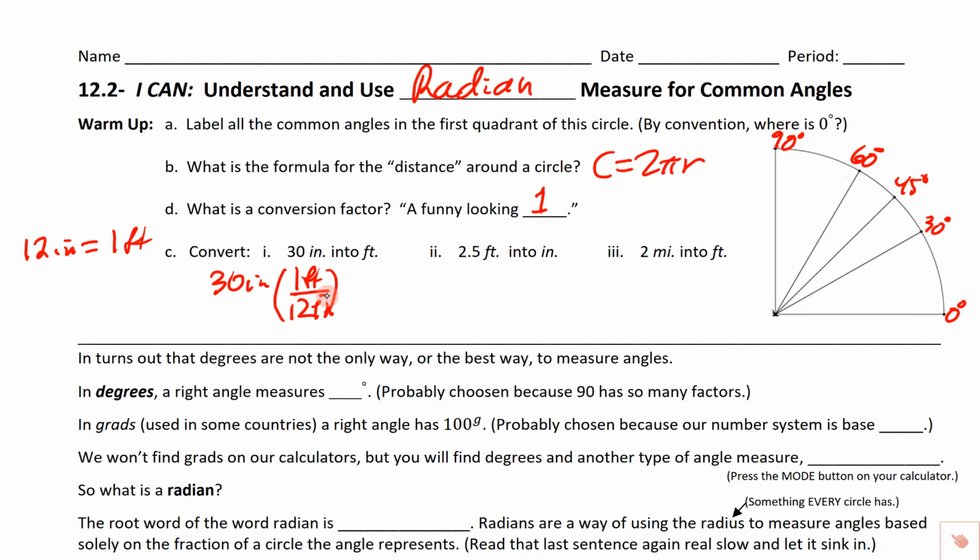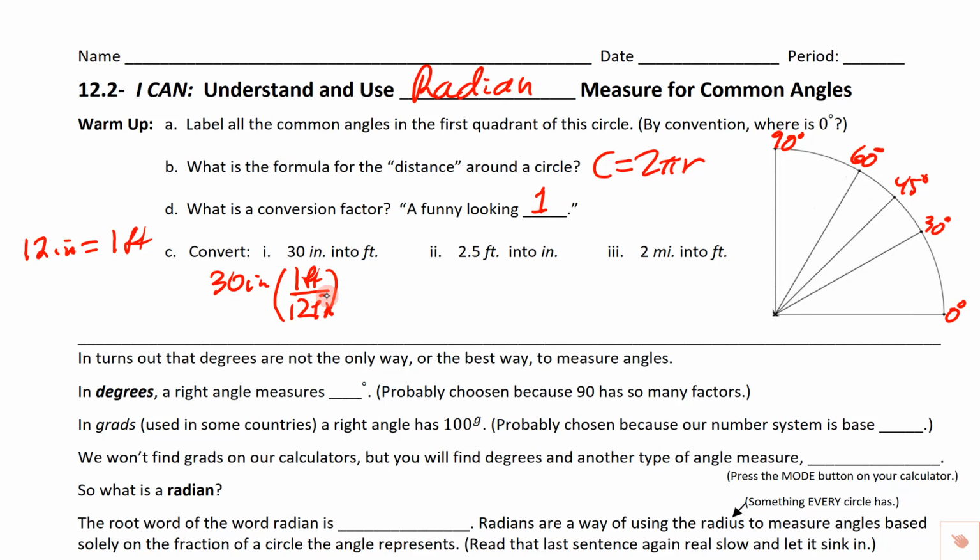And now I want you to notice that this is a conversion factor. Is this a 1? Yeah, technically it is. Does it look like a 1? No, if you brought an elementary school kid in here and said, hey, is 1 over 12, is that a 1? They would say no. And if there weren't units on here, the answer is no. But is 12 feet exactly the same thing?